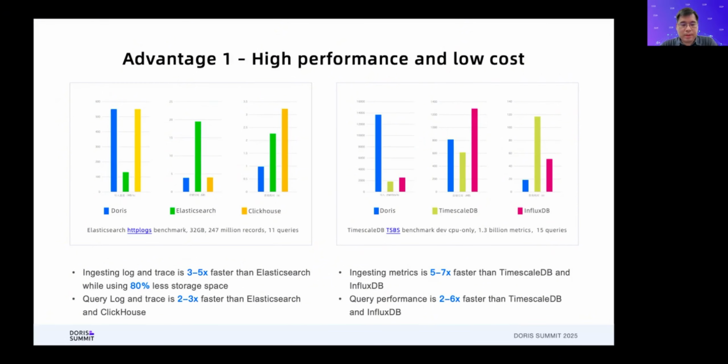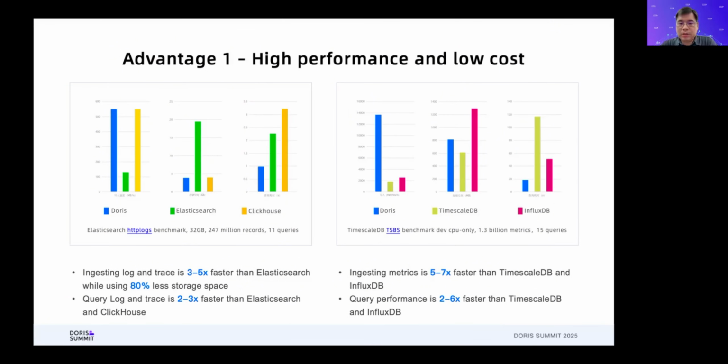And the query performance is 2 times faster than Elasticsearch and 3 times faster than ClickHouse. So you will save about 80% of your cost if you use Doris to replace Elasticsearch. And you can see more real industry user stories in the third section.